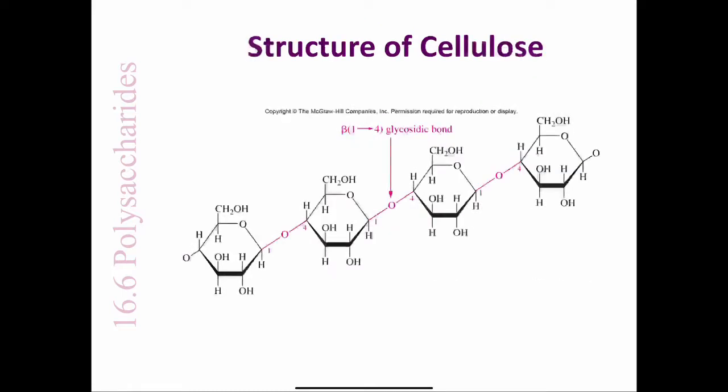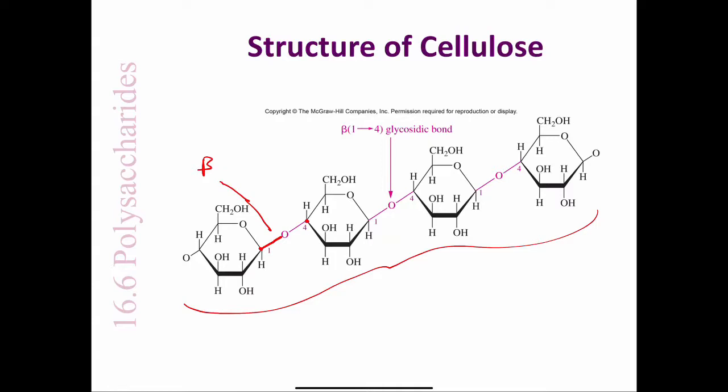So here's the structure of cellulose, and you'll notice that I have all of my glucose units linked together, and that they are linked in a beta 1,4 fashion. If I look at carbon number 1, the glycosidic bond is going up, therefore this is beta. And the glycosidic bond was formed from the hydroxyl on carbon 4 on the neighboring glucose molecule.